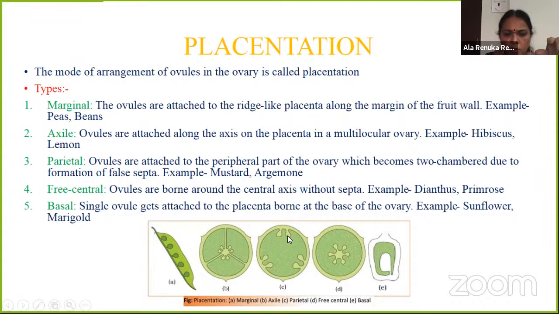It is actually unilocular. They are getting attached towards the periphery, hence parietal. Parietal means peripheral side. Examples: mustard, argemone, and cucumber is also an example.